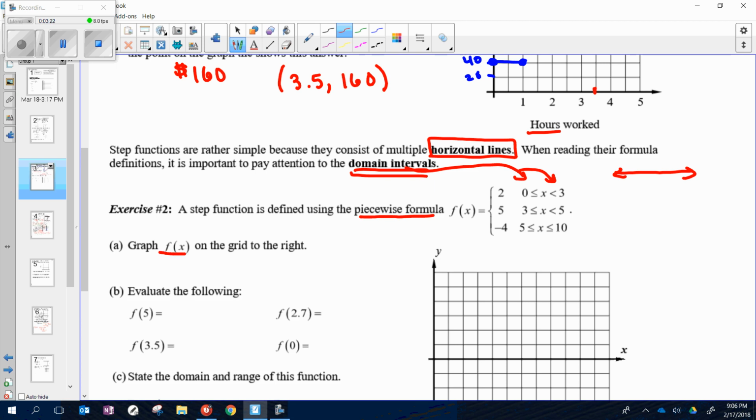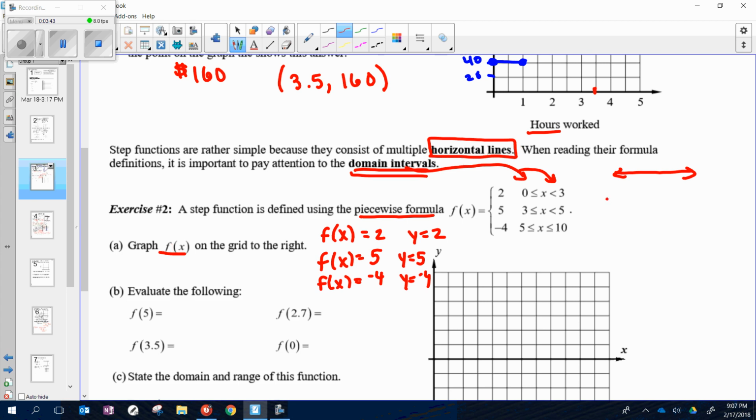We're going to graph it on the grid at the right. I want you to notice that there's 3 pieces. f(x) is 2, or y equals 2. f(x) is 5, or y equals 5. f(x) is negative 4, y equals negative 4.